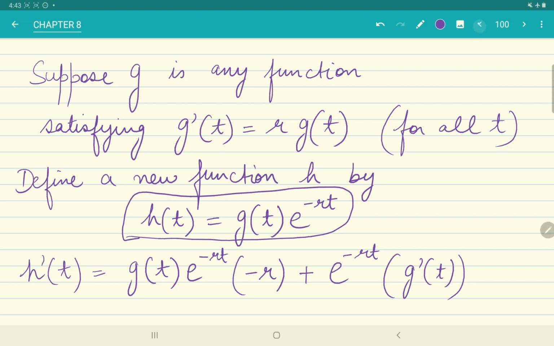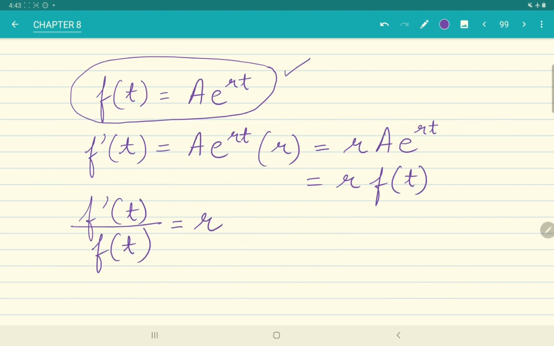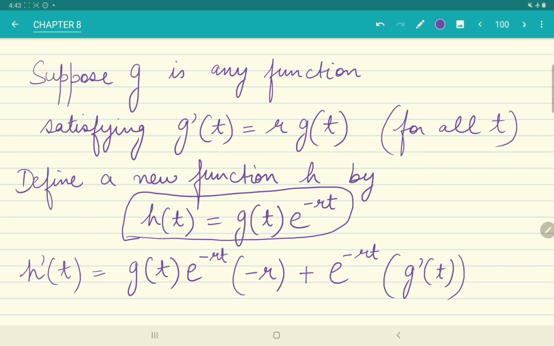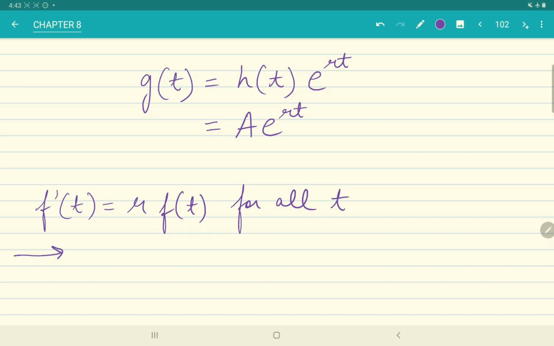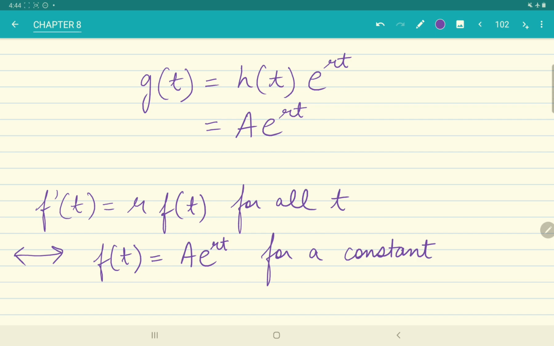So we have now proved that f prime t is equal to r f of t for all t if and only if f of t is equal to a e raised to the power rt for a constant a.